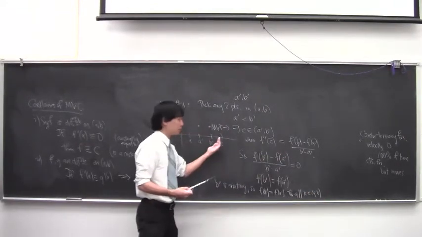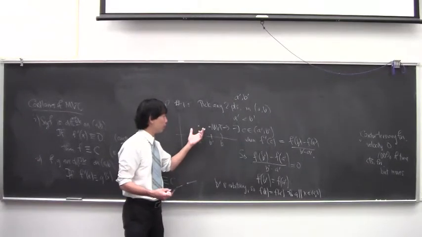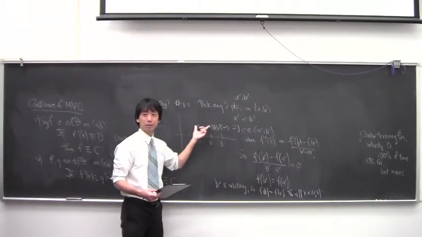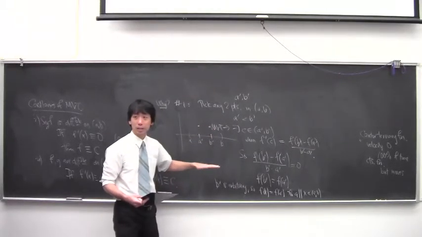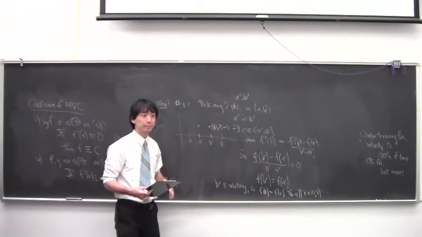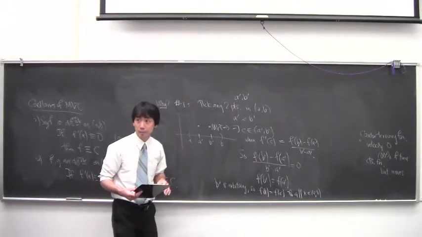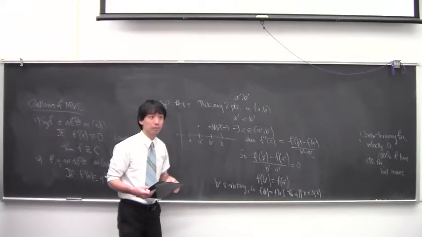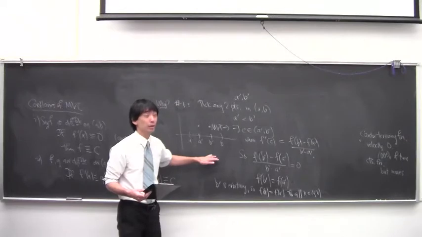Just let b move around, you see that you always get that the slope of the secant line is going to be 0. And so your function is constant.